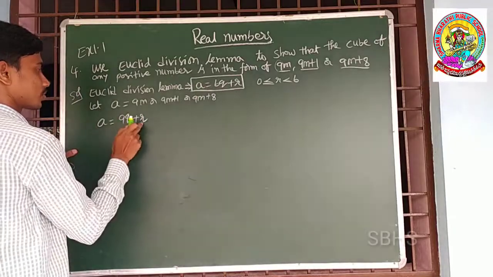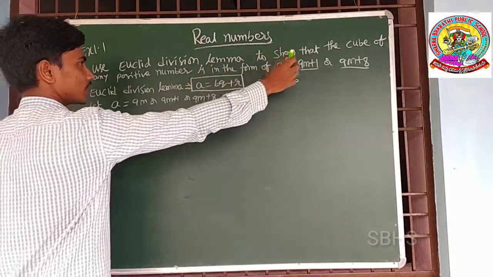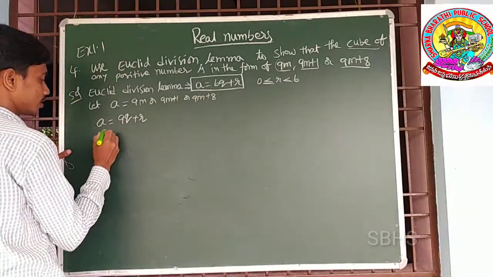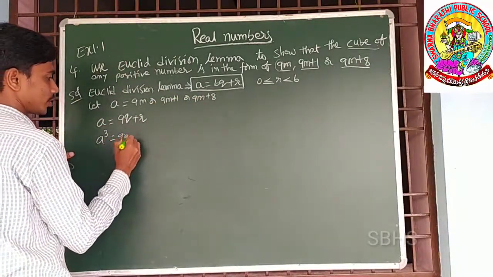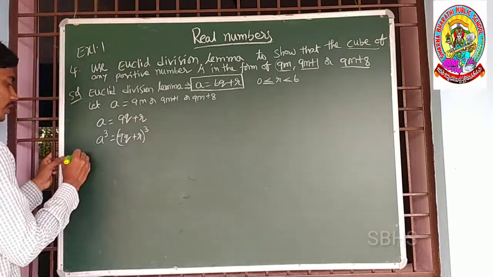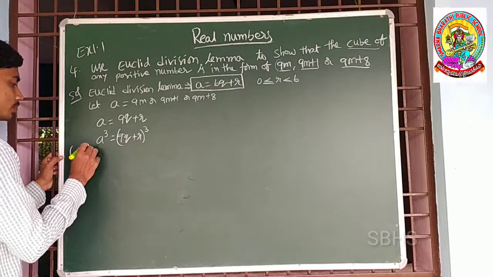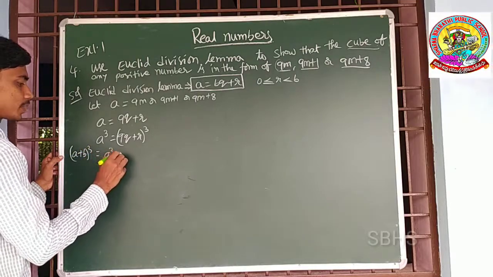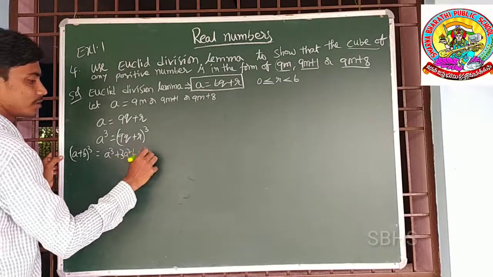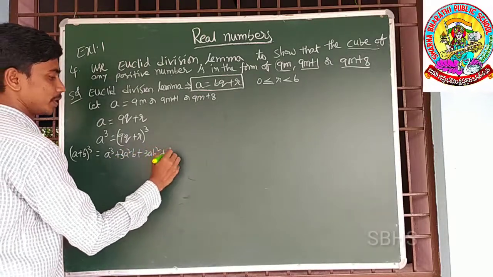What we have to express here is the cube. So cubing on both sides, a cube is equal to (9q plus r) whole cube. You know (a plus b) whole cube is equal to a cube plus 3a square b plus 3ab square plus b cube.